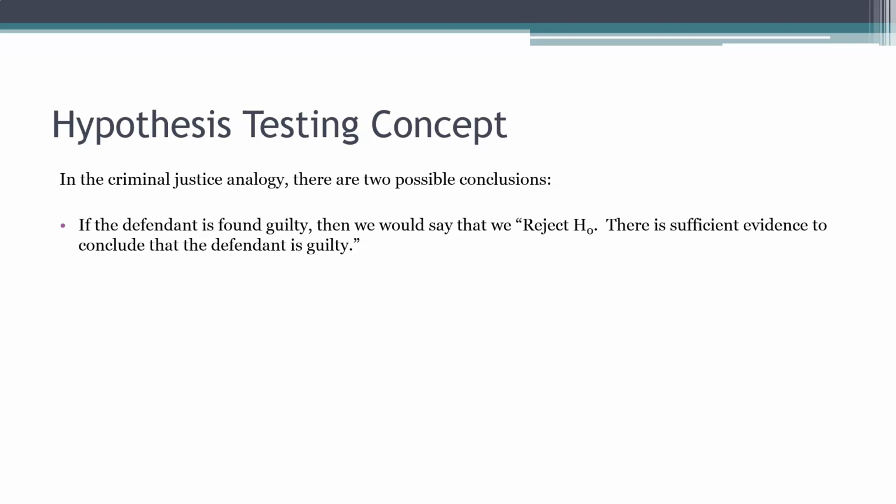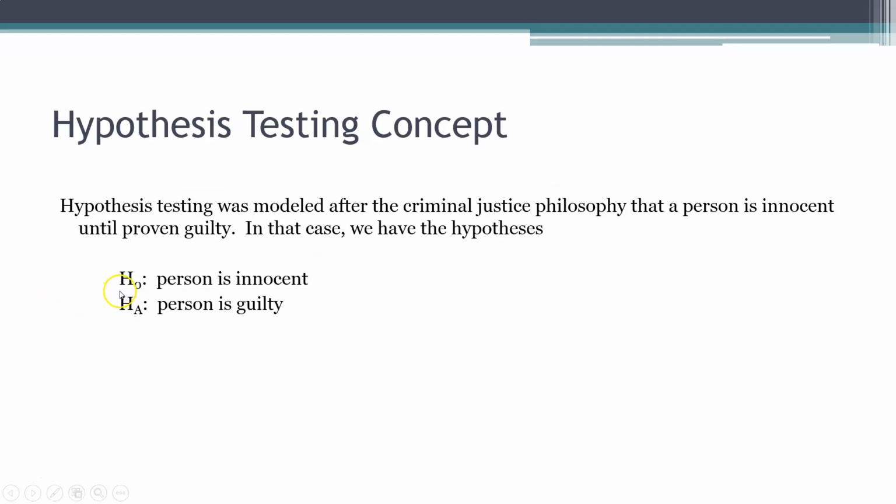The first one is whether we reject H naught, and the second one is whether there's enough evidence to conclude the alternative hypothesis. So finding the person guilty means there's enough evidence that we can reject this null hypothesis, which means that we can conclude what we're looking to show in the alternative hypothesis. All right, so reject H naught, conclude whatever is in the alternative hypothesis, which in this case is that the person is guilty.